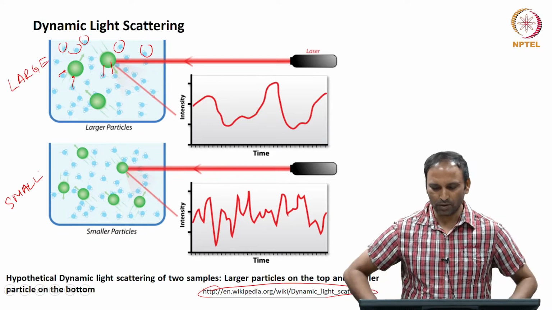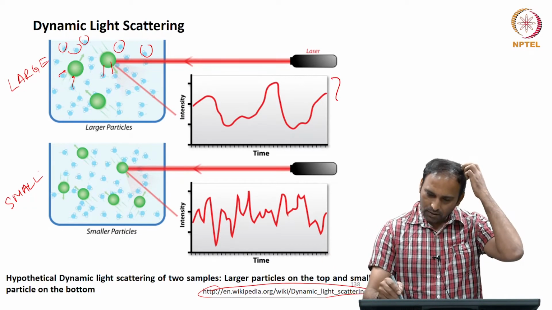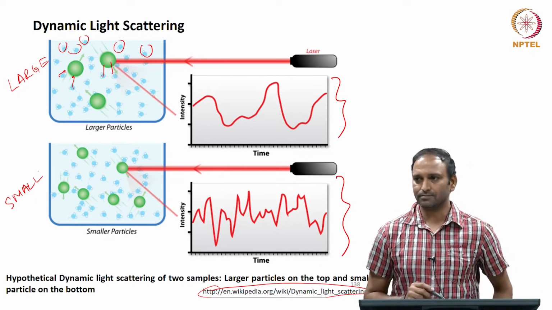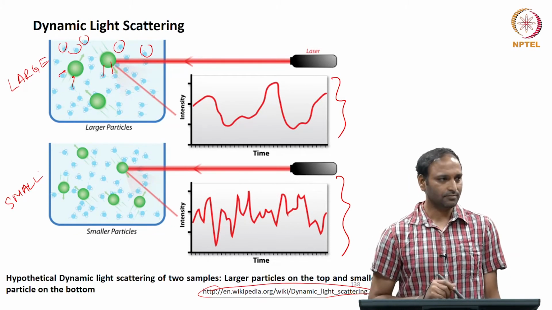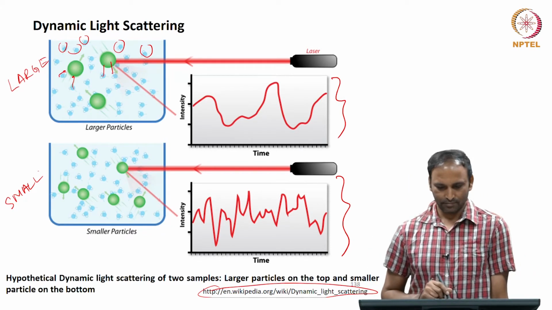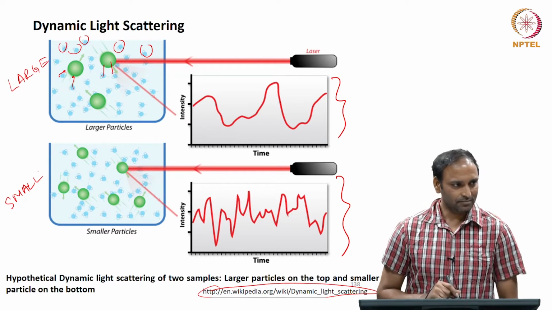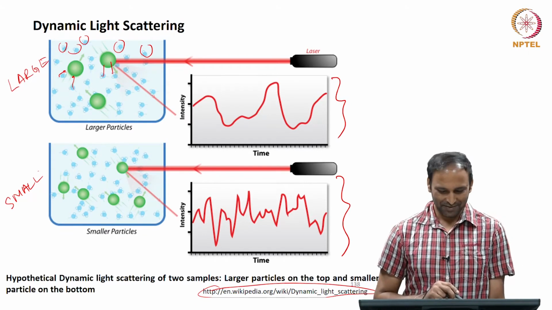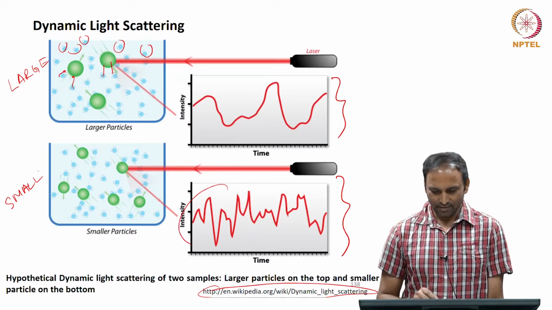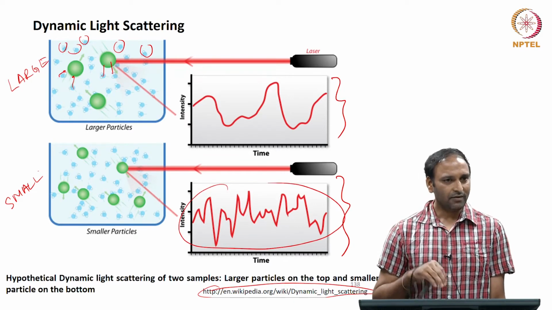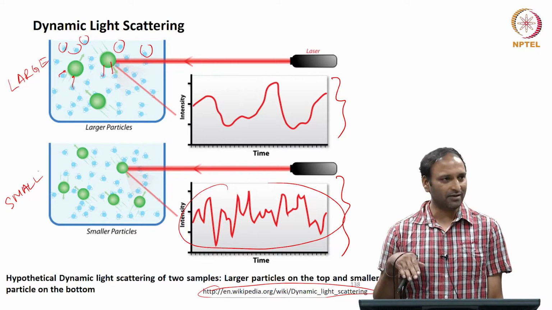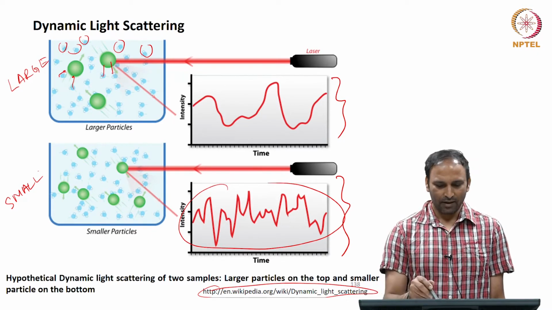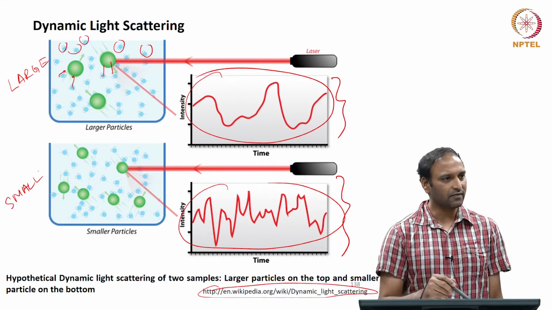What can you say about these two? The small particle has more Brownian motion, which is reflected by the fluctuations being too many, and that is little here.